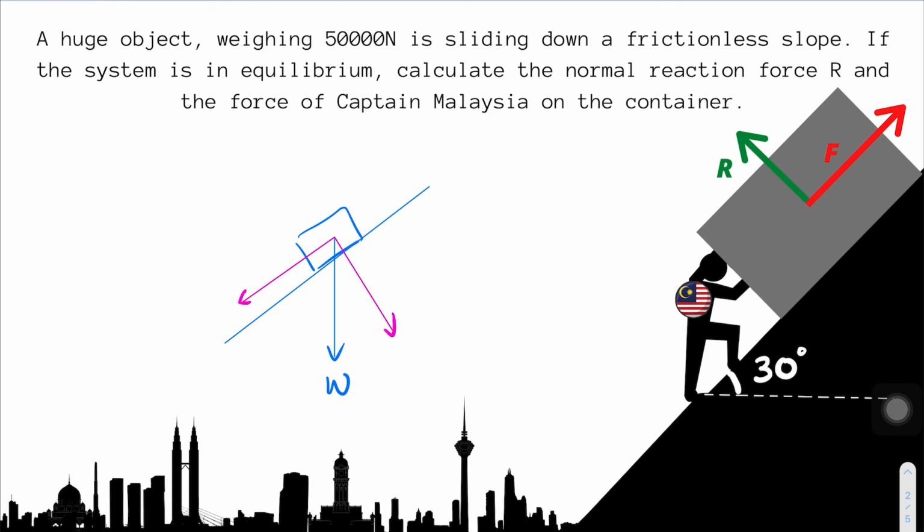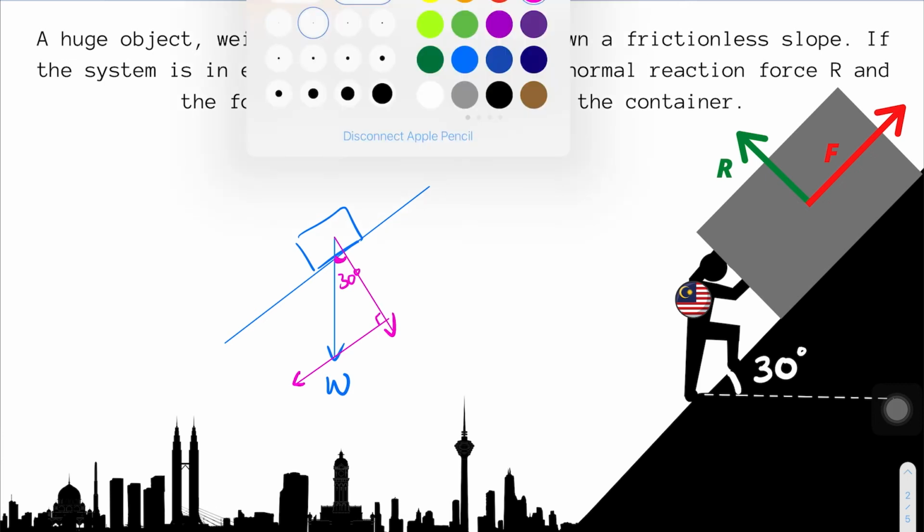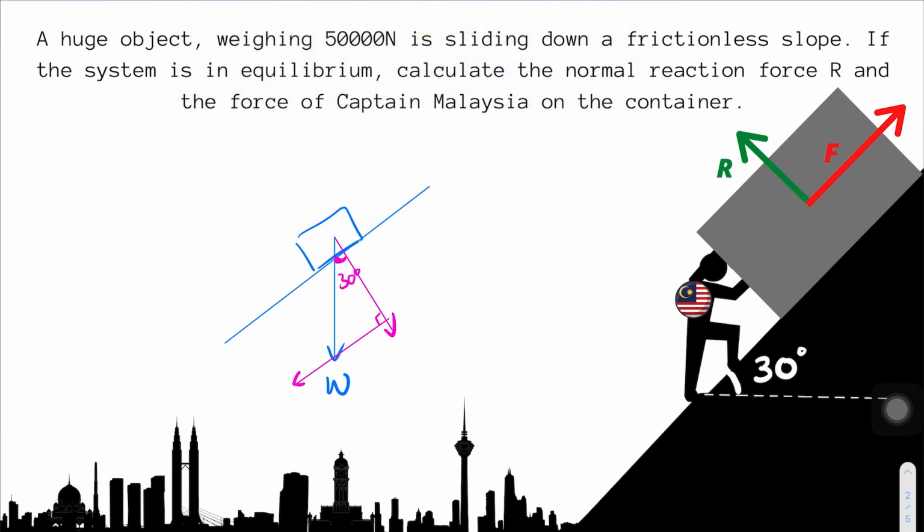If we move the parallel component down, we get another right angled triangle, and we can find out that this angle over here is equal to the angle of the slope, which in this case is 30 degrees.